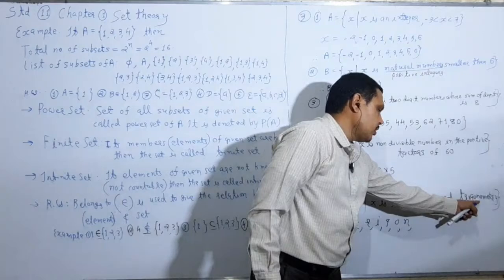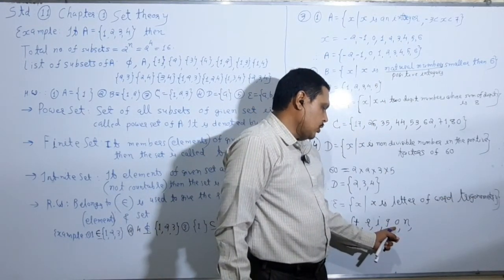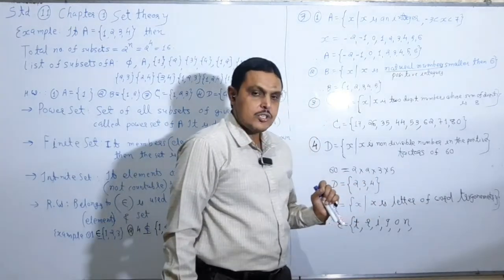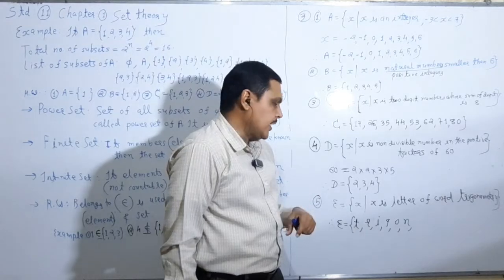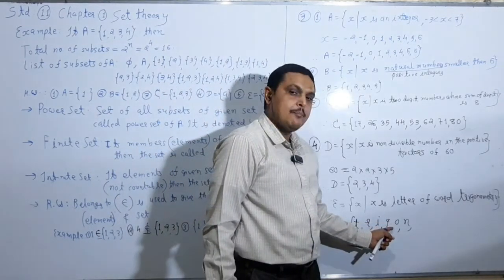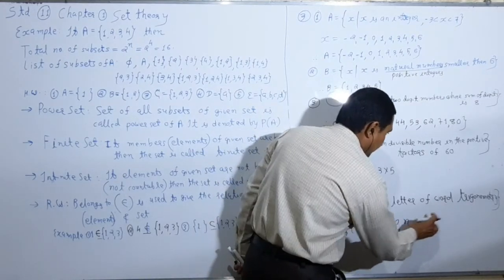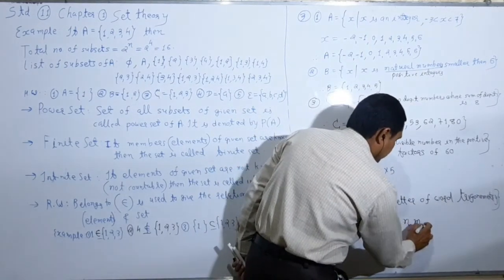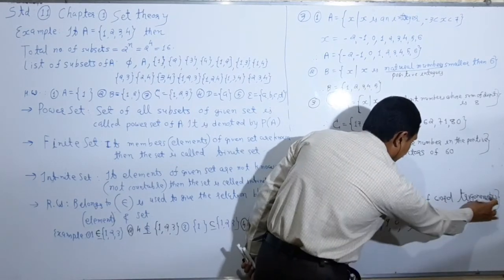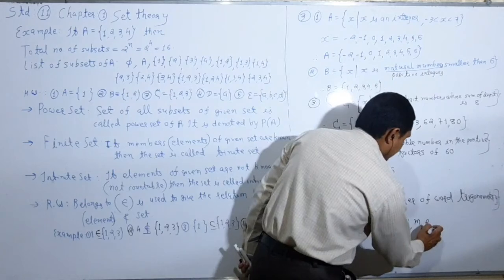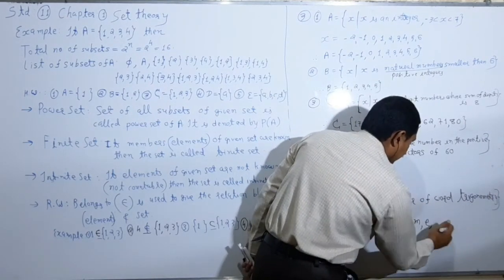Now we don't write O a second time, because as we have studied earlier, repetition is immaterial in a set. So we don't write O here. Now the next letter is M, then E, then T. We don't write T here.